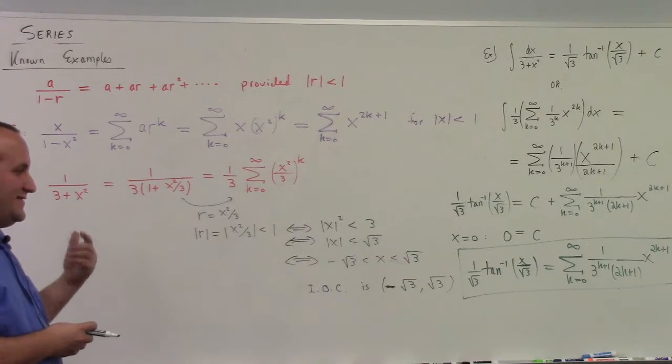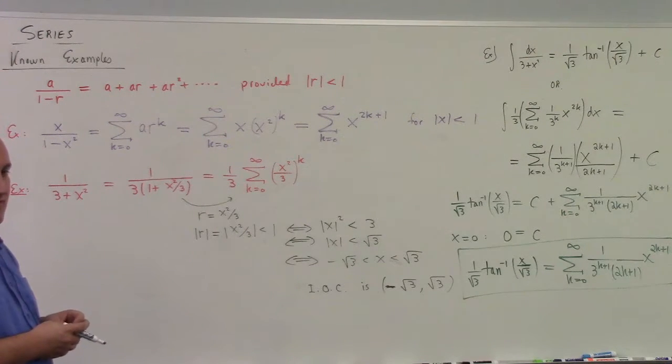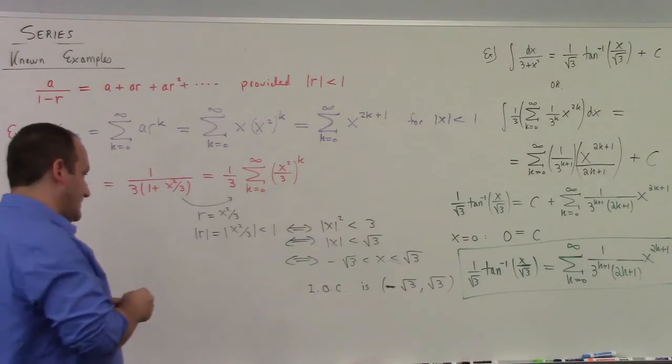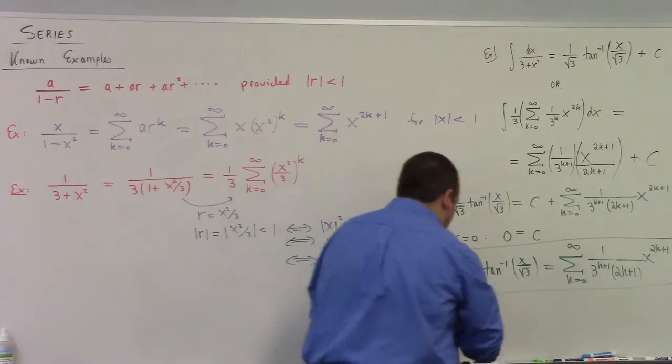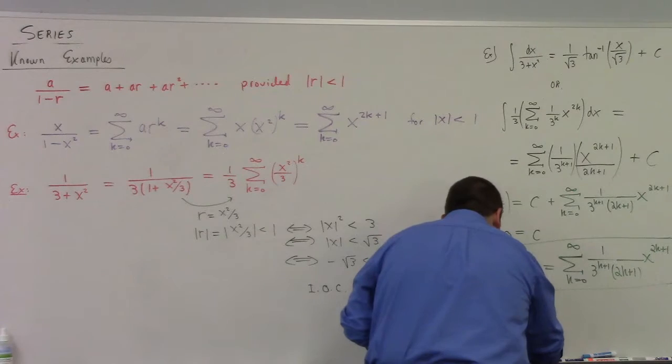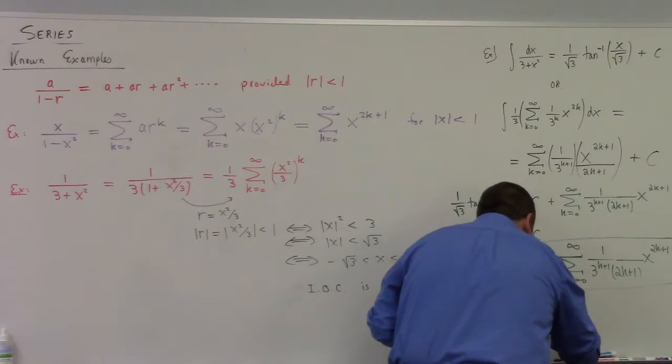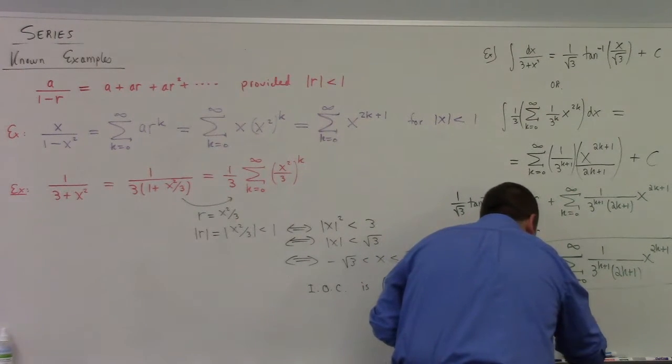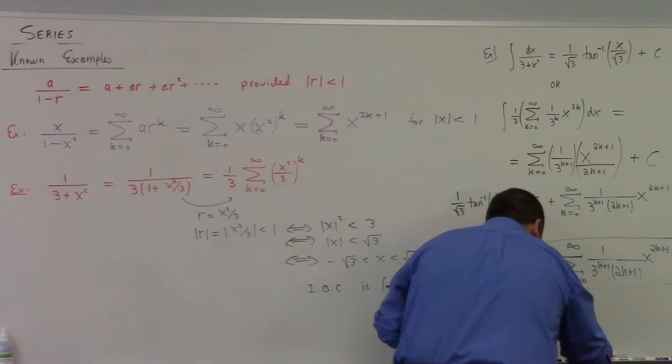So, a fun question. What's the 50th derivative of inverse tangent at 0? If I call this thing g of x, what's g, the 50th derivative at 0? And what's the 51st derivative at 0?